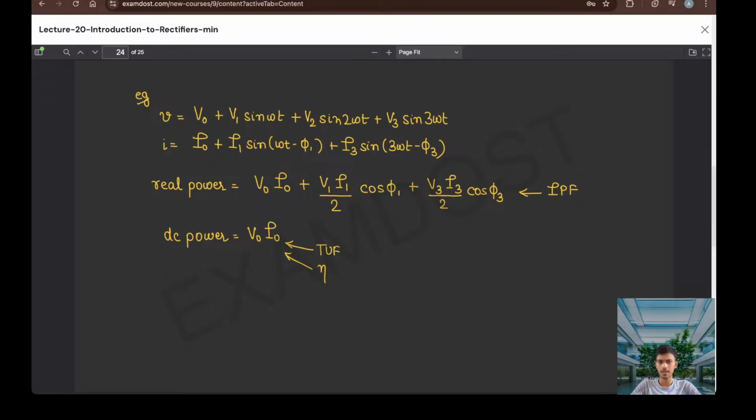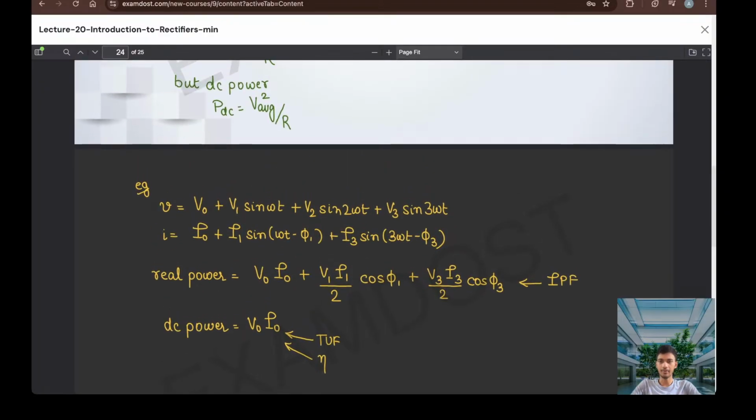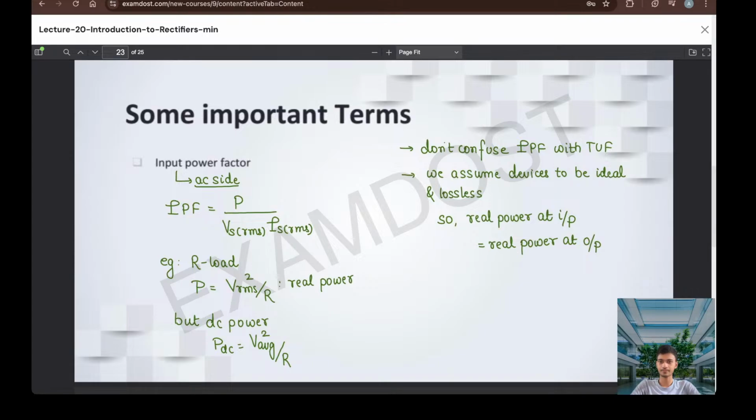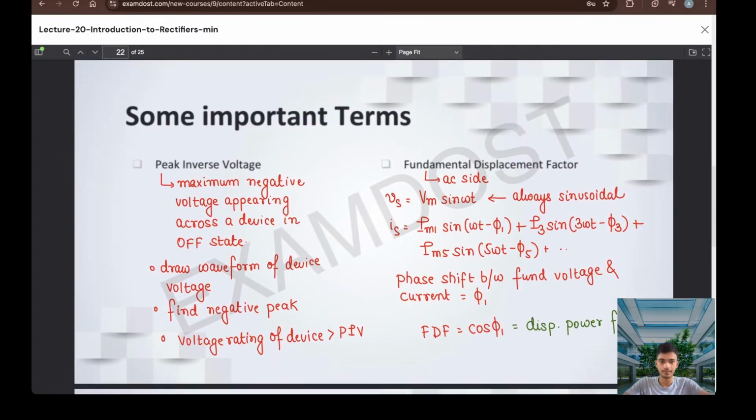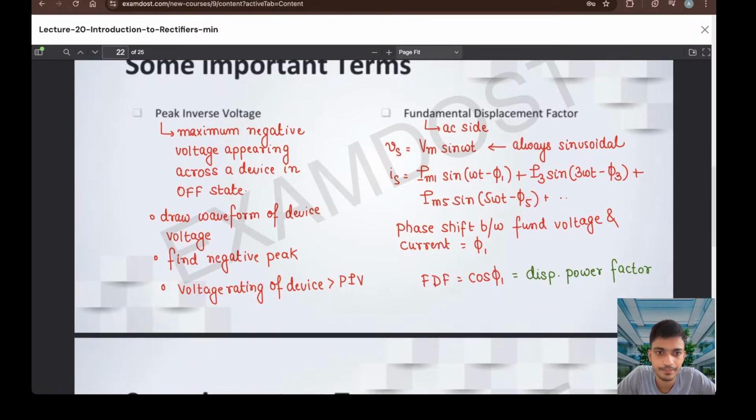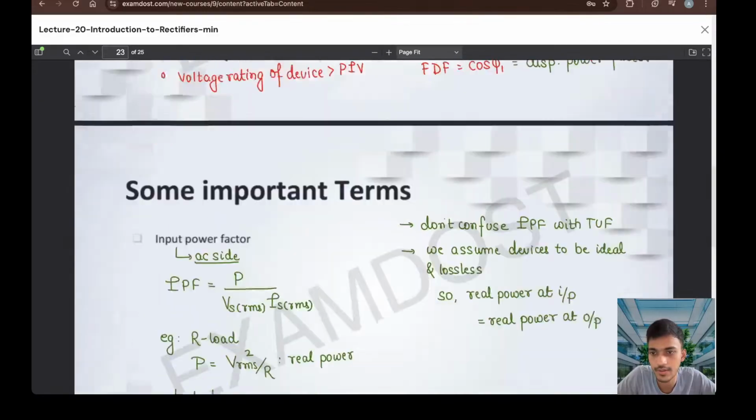Desirable power, real power, got it. Cos phi. Fundamental, got it. Pretty much that only.